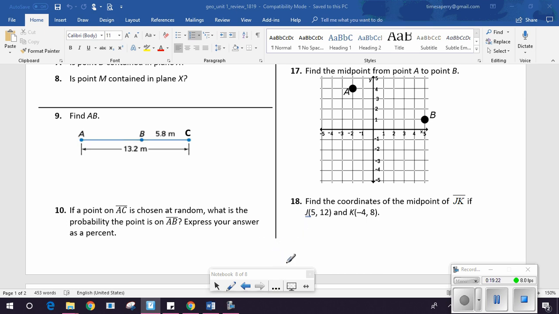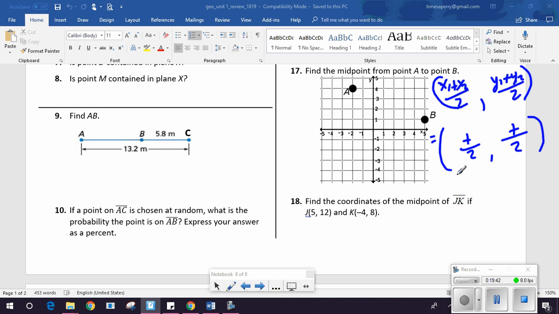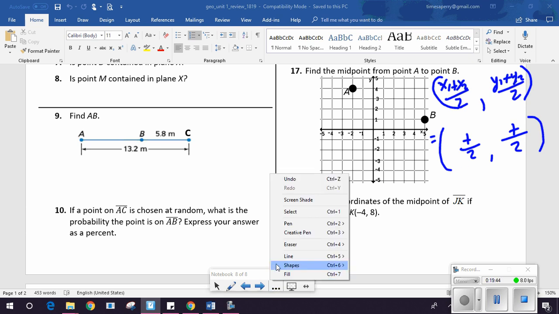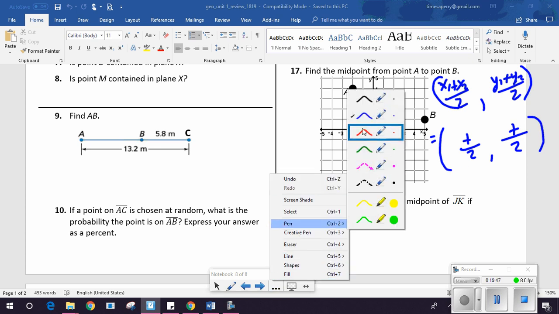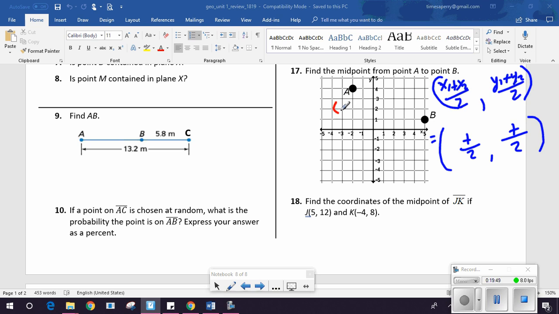Number 17, find the midpoint from point A to B. On a coordinate grid, it's x sub 1 plus x sub 2 over 2 and y sub 1 plus y sub 2 over 2. Point A is negative 2, 4.